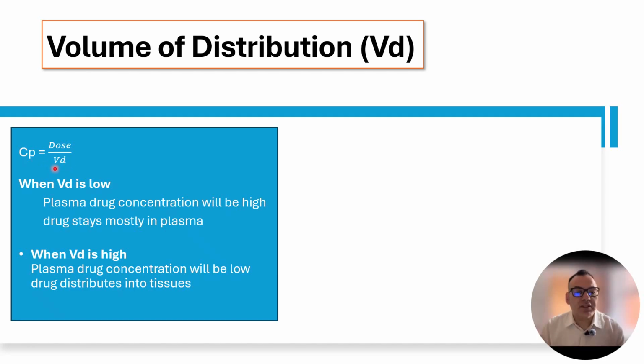So if the volume of distribution is low, the drug concentration in plasma will be high, and the drug will stay in plasma most of the time, and the drug concentration in tissue will be small. When Vd is high, on the other hand, the plasma concentration will be low, so the drug will distribute more in the tissues.